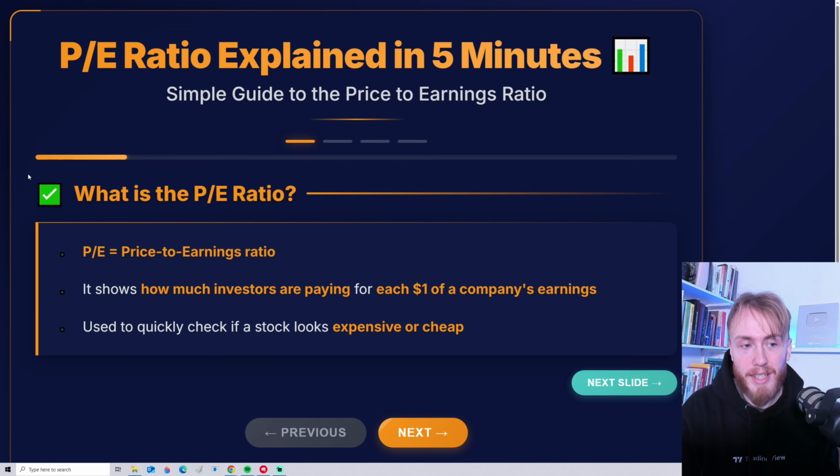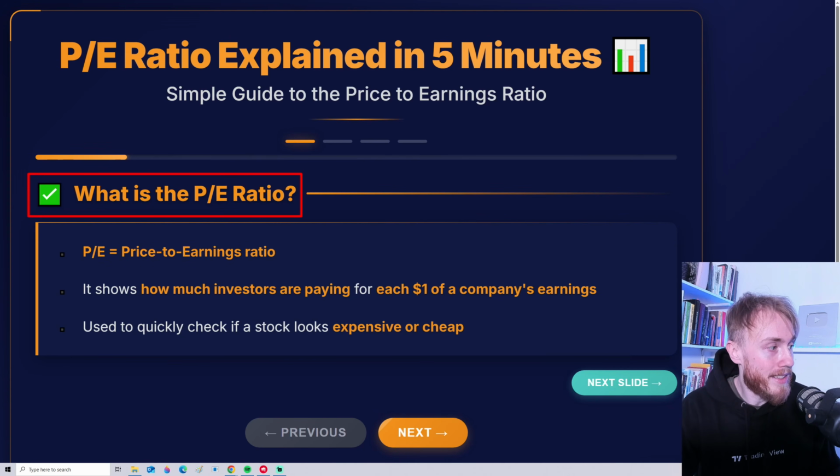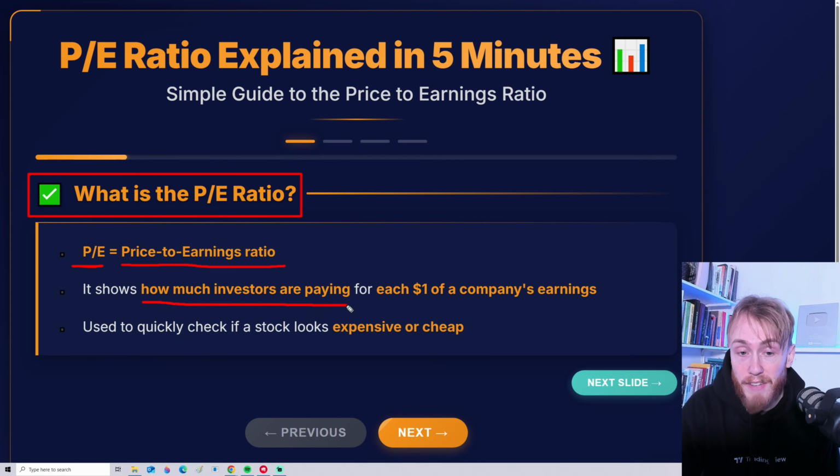But alright, so let's begin here by answering the key question: what is the PE ratio? Well, the PE ratio basically stands for price to earnings. And in simple terms, it shows how much investors are paying for each $1 of a company's earnings.